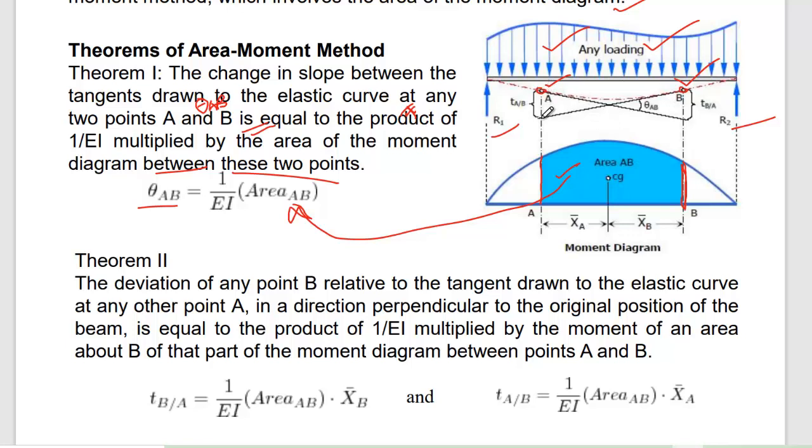The vertical distance from A to the tangent of B, we consider as T A by B. And from the elastic curve point B to the tangent of A, this vertical or perpendicular distance we consider T B by A.